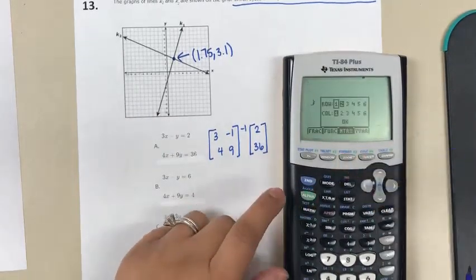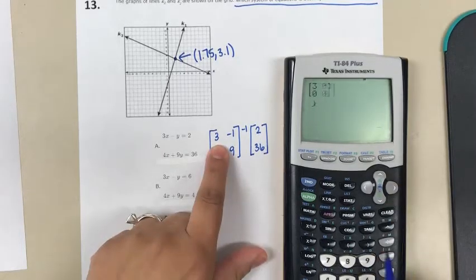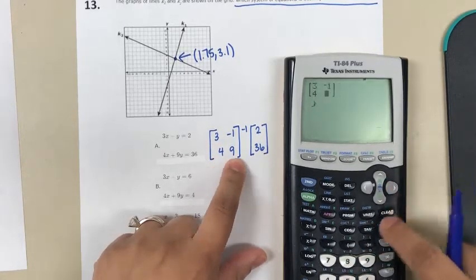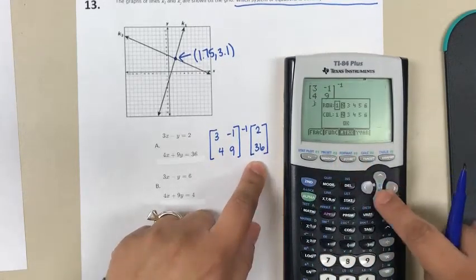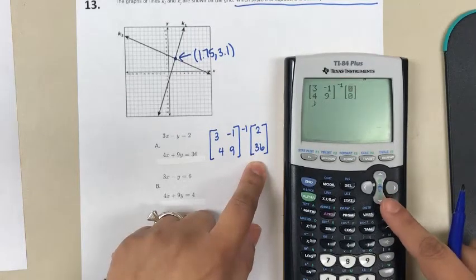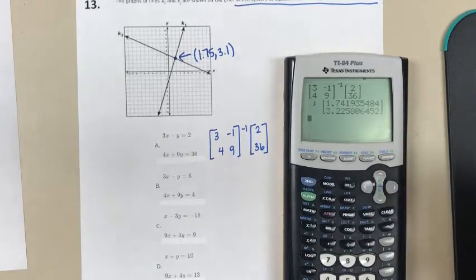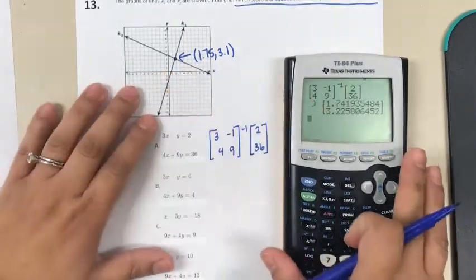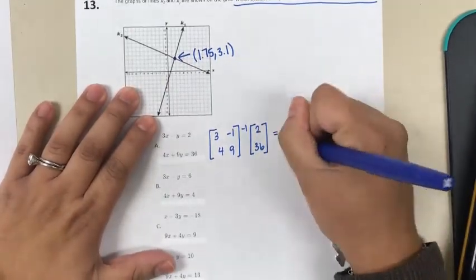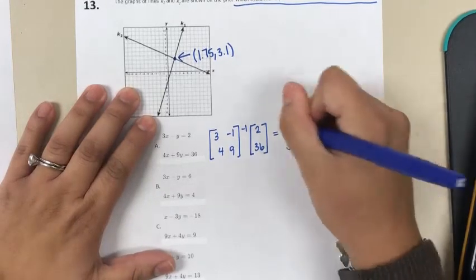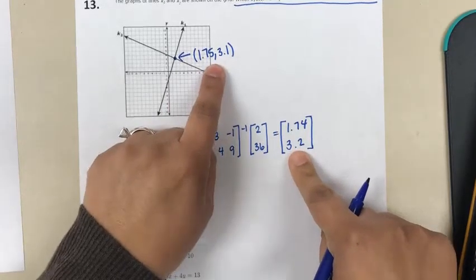So alpha zoom, I have a 2 by 2, and I have 3, -1, 4, 9, inverse, alpha zoom, 2, 1 column, okay, I have 2, 36, enter. I get about 1.74, 3.2.